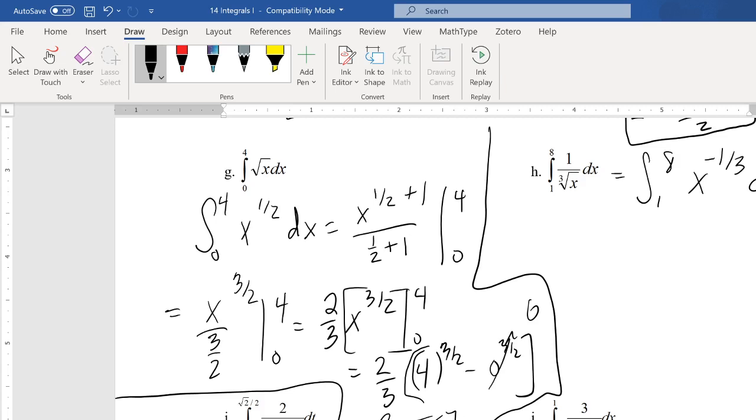And it's just a third root, so minus 1/3. Again, I add 1. So negative 1/3 plus 1 is 2/3. Divide by that number, which means I'm now multiplying by 3/2.